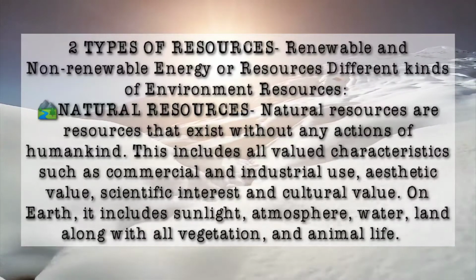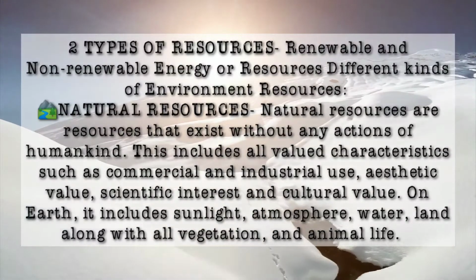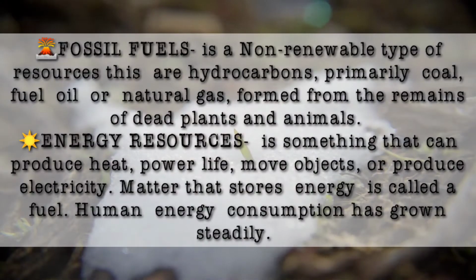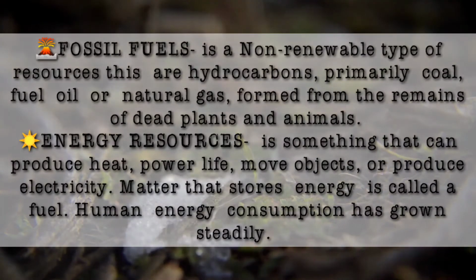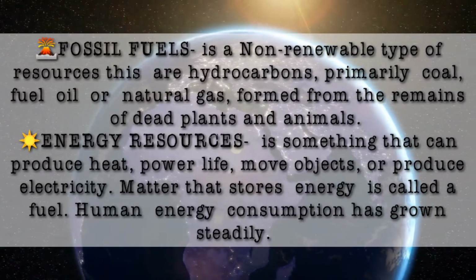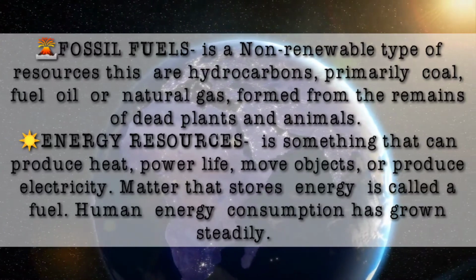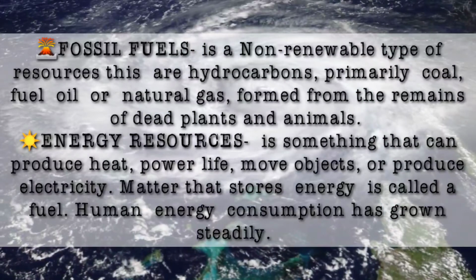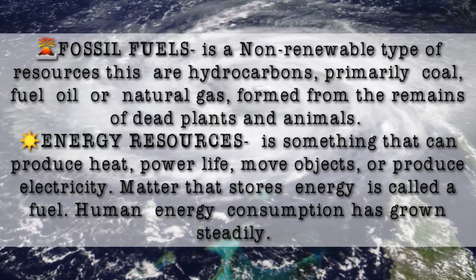First of all is natural resources. Natural resources are resources that exist without actions of humankind. Followed by fossil fuel, which is a non-renewable type of resource. These are hydrocarbons, primarily coal, fuel, oil, etc. Energy sources as well are among the important resources that we can get from this planet.